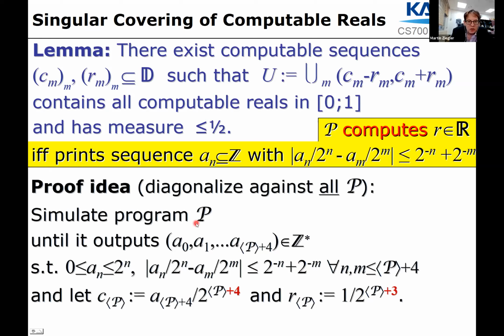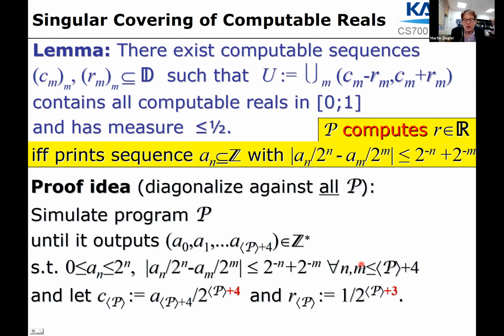So to summarize the first part of this proof, if the algorithm P does compute a real number, then that real number is contained in the open interval with this center and this radius. If it does not compute a real number, if it never gets as far as to output that, or if it violates some of these conditions, then we just discard the algorithm.